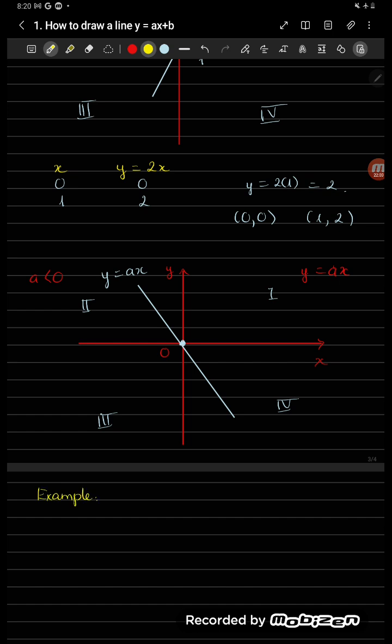So above we have y equal to 2x. Here we'll go to the example y equal to negative x. So here a equal to negative 1, so smaller than 0. And we know that it will go through the origin and lay down in the second and the fourth quadrant.